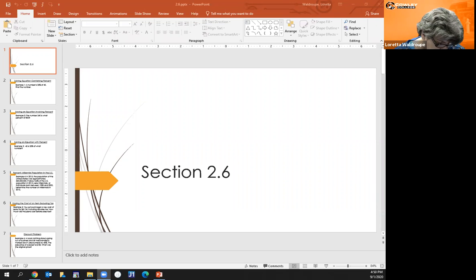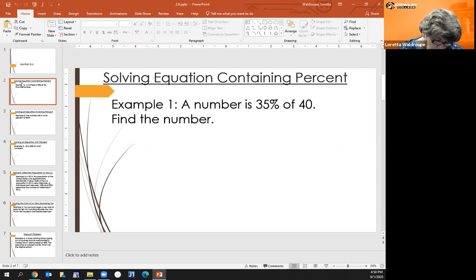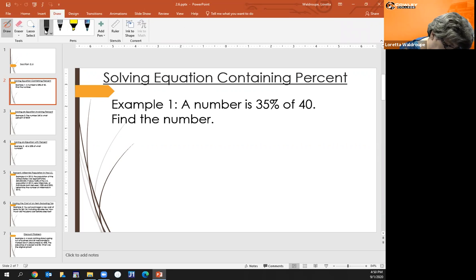In this lecture, we're still dealing with word problems, and we're going to talk about some percents in word problems, okay? In these problems, when they mention a number, you can call that number whatever you choose.